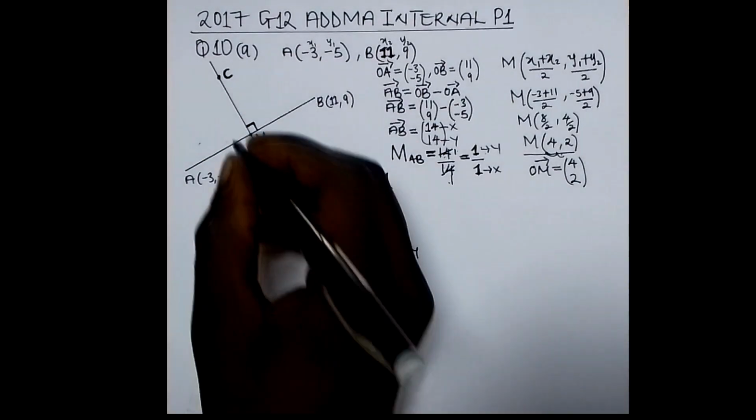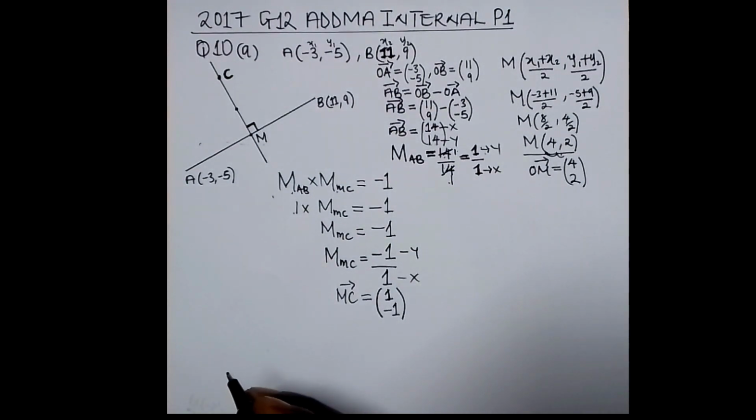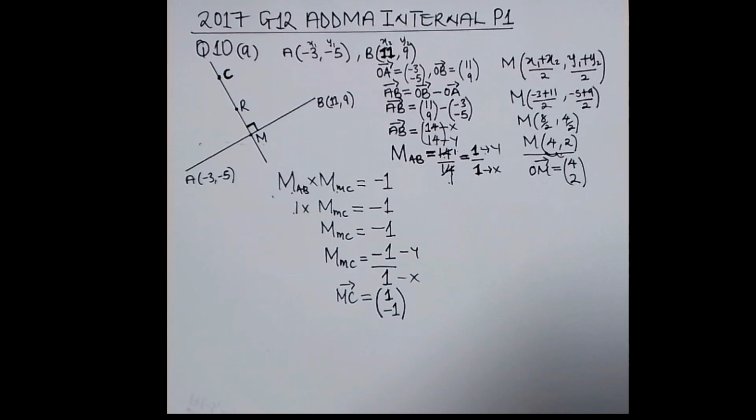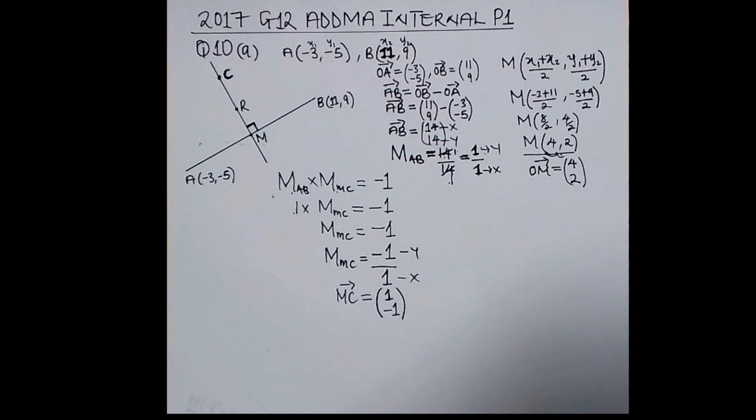So to do that, I'm going to put a point along the line MC. Let me just say this is point R. If we put a point R, it is going to help us come up with the vector equation of a straight line. Now imagine that point R and point M are connected to the origin.